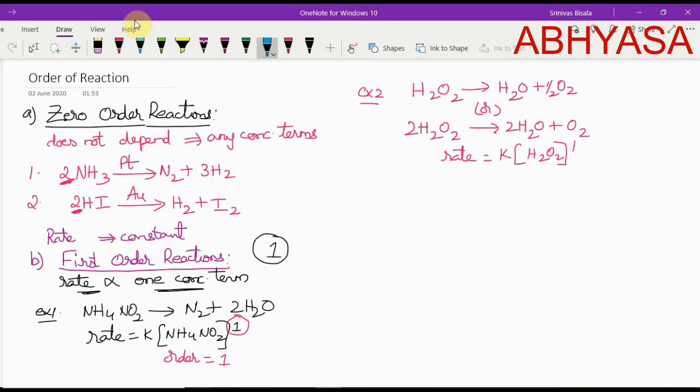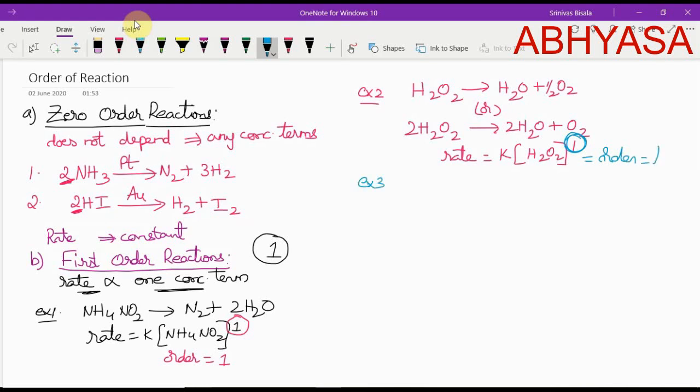So, if I am writing 1 mole here, it does not mean that order is 1. If I write 2 moles, the order becomes 2? That is wrong. Order we get from this particular value. So here the concentration term H2O2 has power 1, and that is the reason why the order of this reaction is also equal to 1.